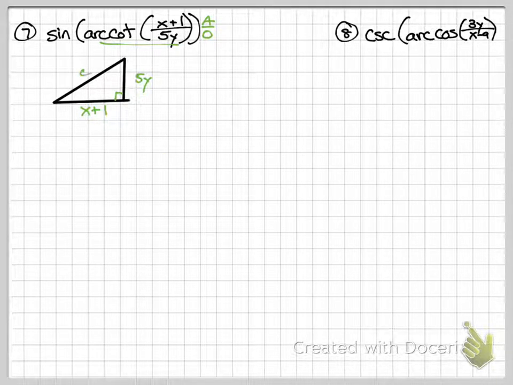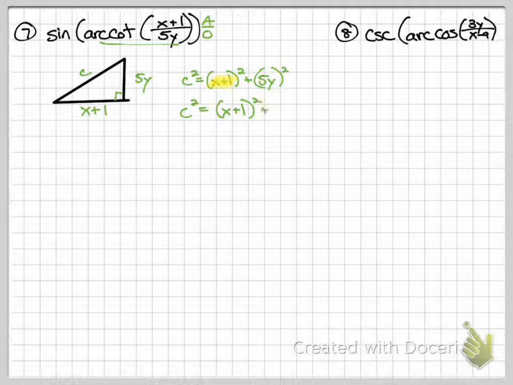The hypotenuse is C. C squared equals, hypotenuse squared equals leg squared plus leg squared. You don't need to square it if it's got a plus or minus in the middle. You do need to square it if it's a number with a variable and no addition. So I can leave this alone, but I need you to square the 5 and the y.